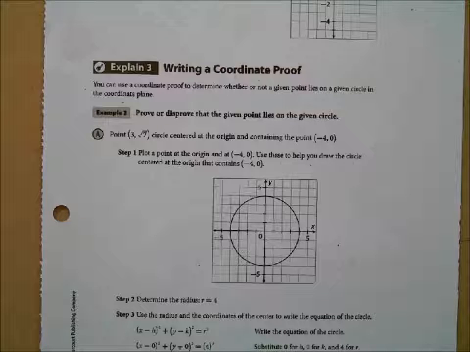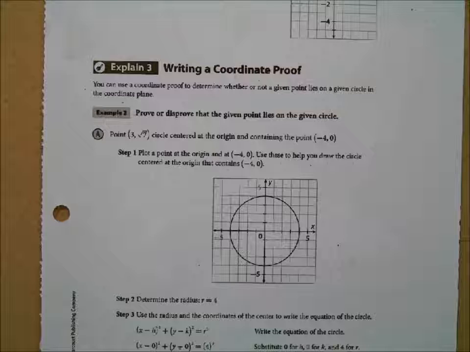All right. And then we use the radius and the coordinates of the center to write the equation of the circle. So what is our h going to be in this case? Again, remember the center is -1, 0. So what is our h? -1.